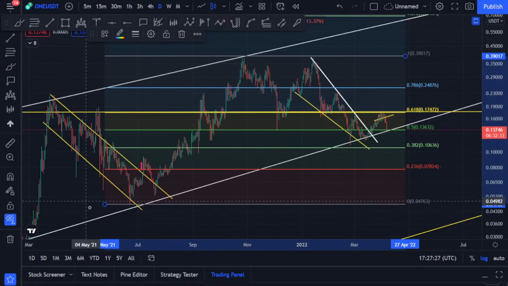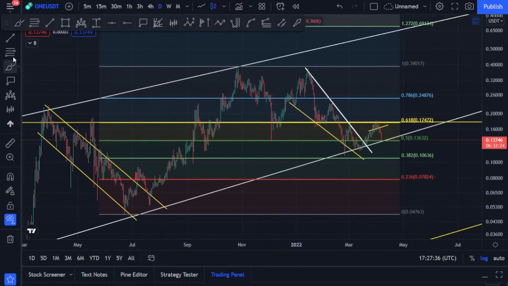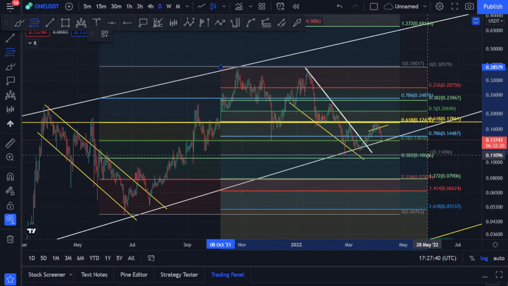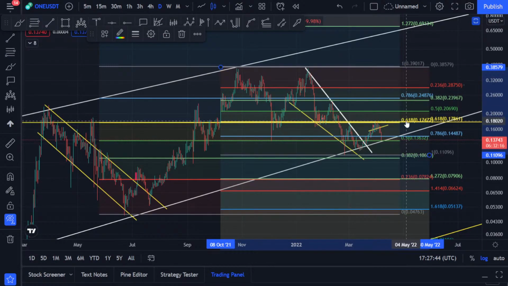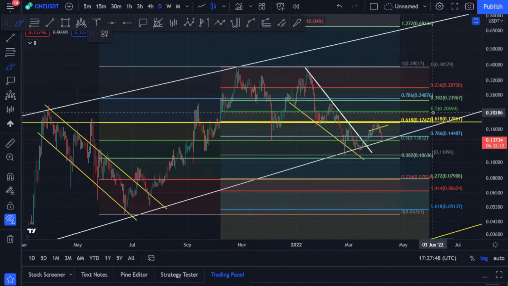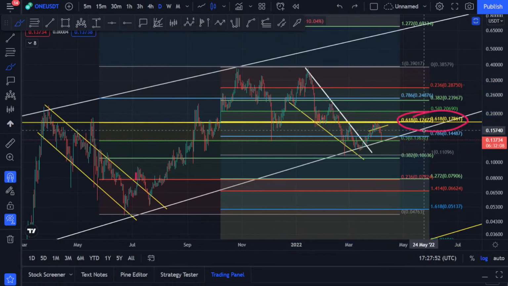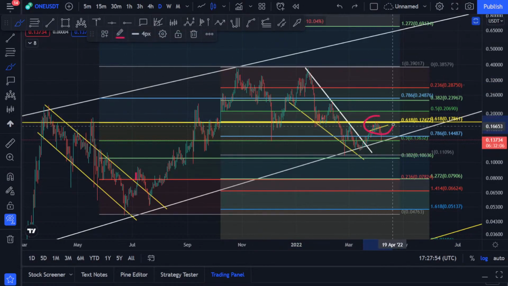Now look, when we draw this trend line, you can see the 0.618 was sitting right over here. And if we draw this trend line over here, we had another 0.618 level sitting exactly at the same point. So this is the golden ratio for the measurement, which is a very important level. That's why you got rejected from here.